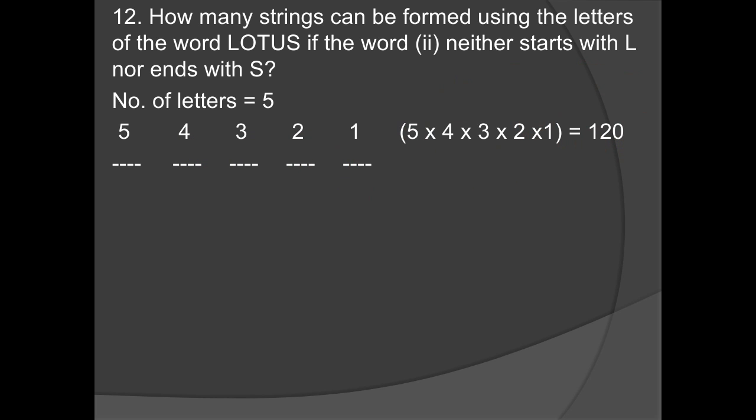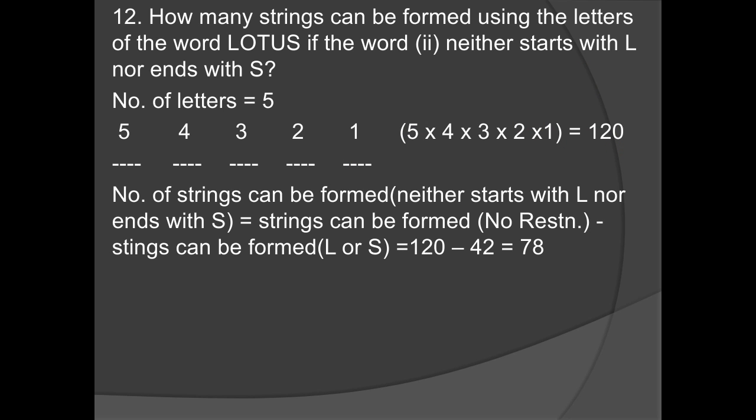Now I have to subtract from this the previous answer, to find the number of strings that neither start with L nor end with S. We just found 120 strings without any restriction, and the number of strings starting with L or ending with S, found in the first subdivision, is 42. So 120 minus 42 is 78, which is the required answer.